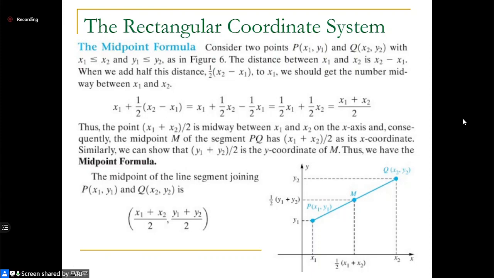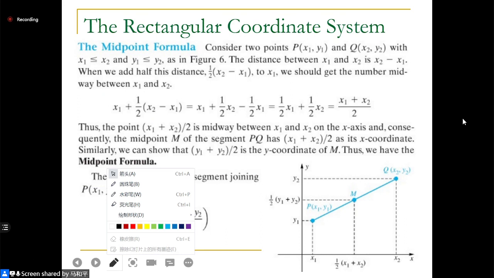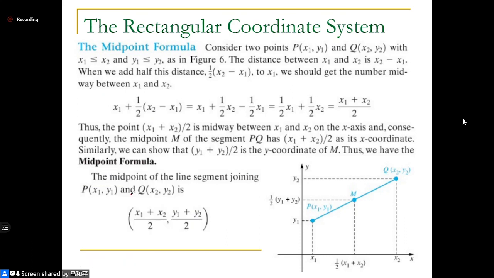Maybe I write like this. Oh, now can you see? Okay, I can see. Right to left. Okay, I know why.